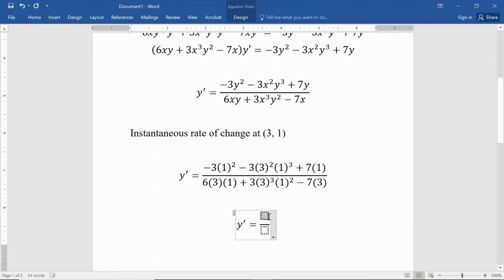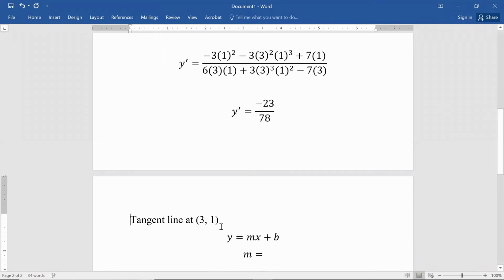So when I did that, the numerator became negative 23, and the denominator became 78. That doesn't reduce very well, so I'm just going to leave that as the fraction negative 23 over 78.